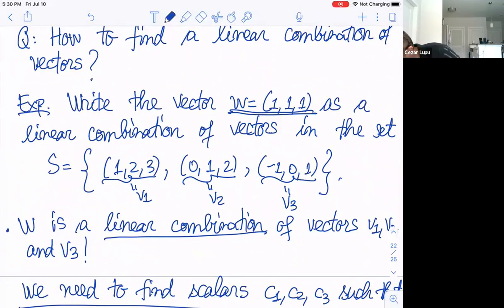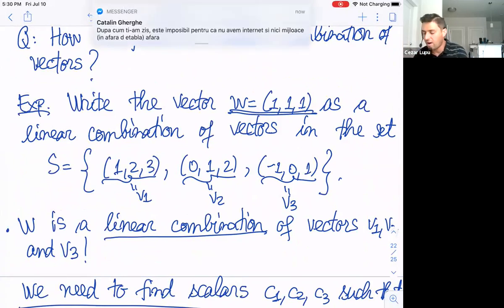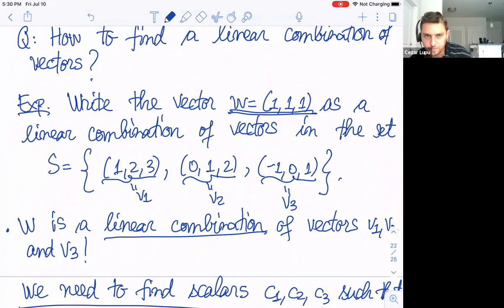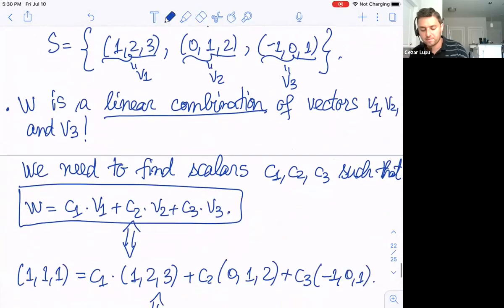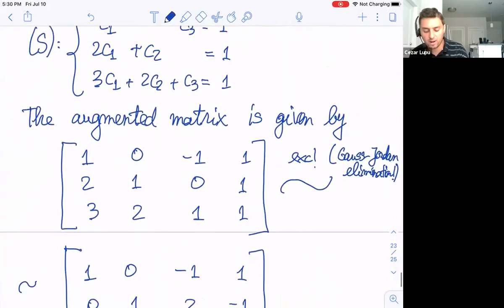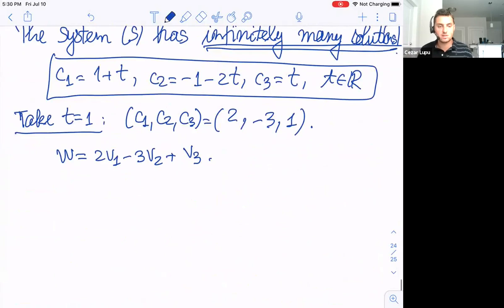But now the question is, if I take another vector, let's take, instead of 1, 1, 1, for example, 1, -2, 2. Let's modify it just a little bit. Can we express this other vector as a linear combination of these vectors?